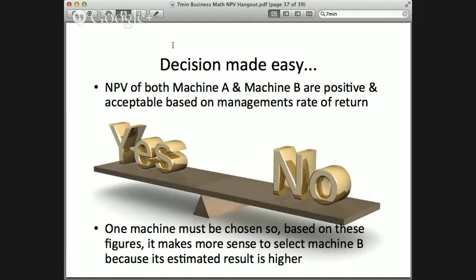So the net present values of both machine A and machine B are positive, which is great, and they're both acceptable based on management's required rate of return of 12%. One machine must be chosen. Based on these figures, it makes more sense to select machine B because its estimated result is higher.